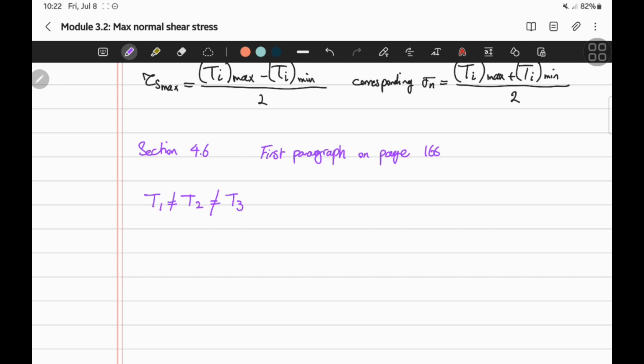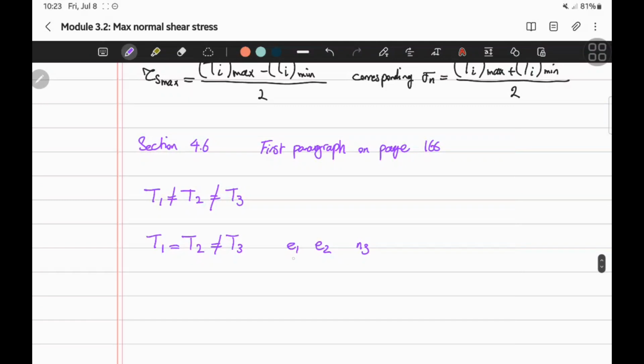This was totally clear, and we actually solved for that. But the book also mentioned another case where we have T1 equal to T2 not equal to T3, and it says that we have an infinite number of planes in the E1 and E2 direction, and we have N3, which is the corresponding eigenvector for T3, which is normal to both E1 and E2.